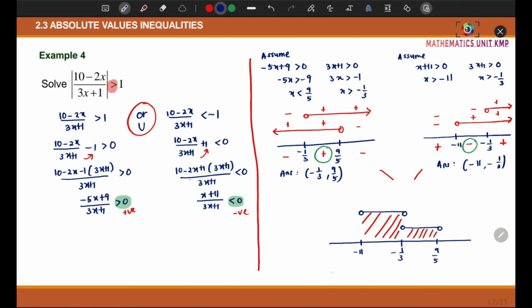Okay, the answer should be from negative 11 to negative 1 over 3, union negative 1 over 3 to 9 over 5. We cannot just write from negative 11 to 9 over 5 because the circle here is open, which means negative 1 over 3 is not included. That's why we need to separate it with the union sign.